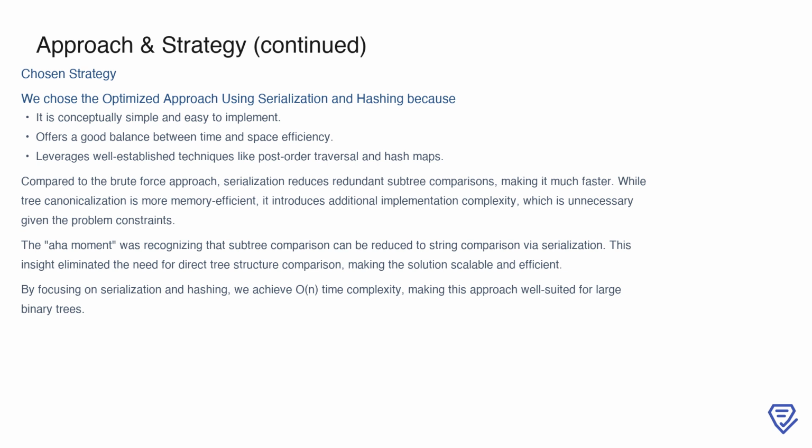While tree canonicalization offers greater memory efficiency, the increased complexity of implementation makes it less appealing in this context. The insight that subtree comparison can be replaced by string comparison via serialization is the key to this solution's scalability. With a time complexity of O(n), this approach is robust and handles large binary trees gracefully, meeting both the problem's requirements and practical considerations for real-world applications.